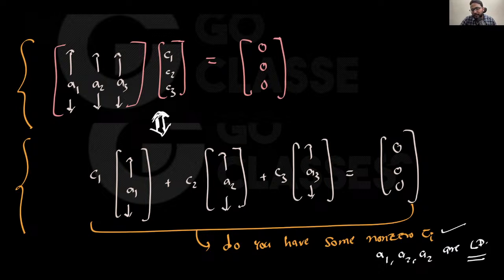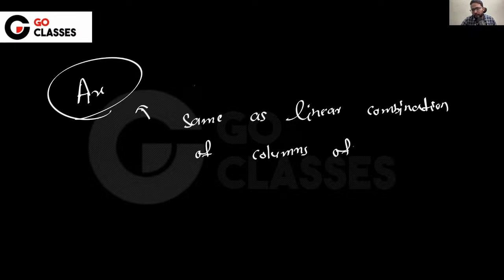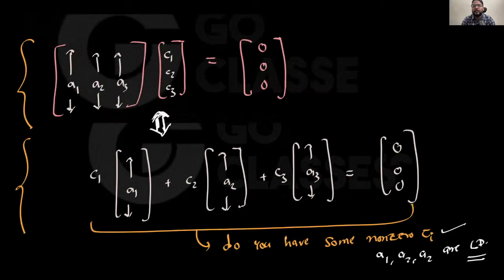If you write Ax, you can say this is the same as a linear combination of columns of A. So I hope this question is clear, because they are saying non-trivial solution, which means indirectly they are saying that there is a non-zero ci.